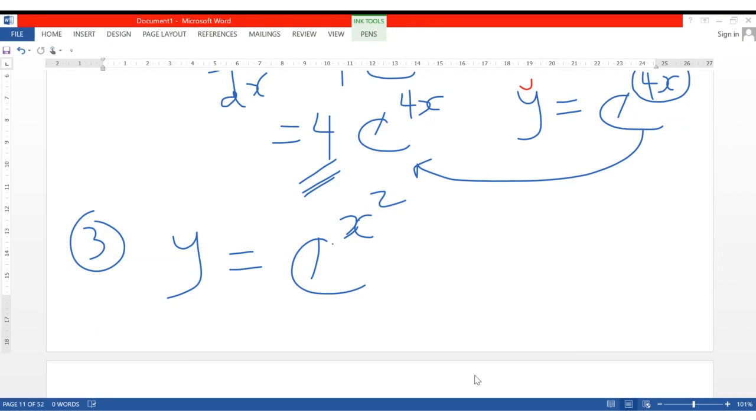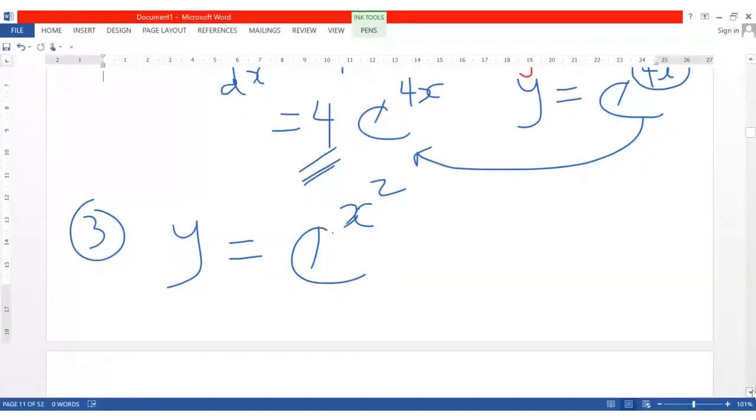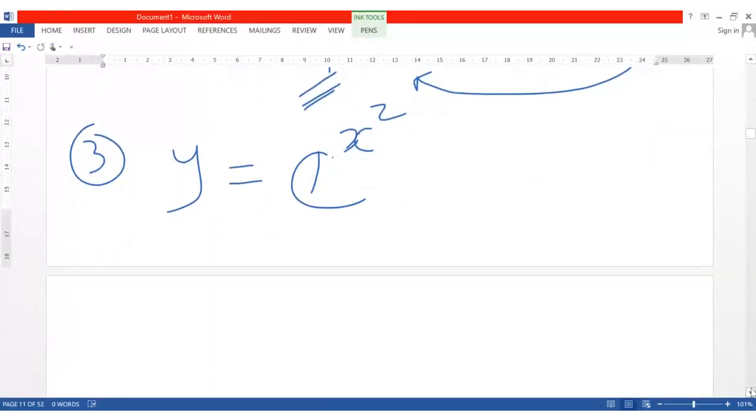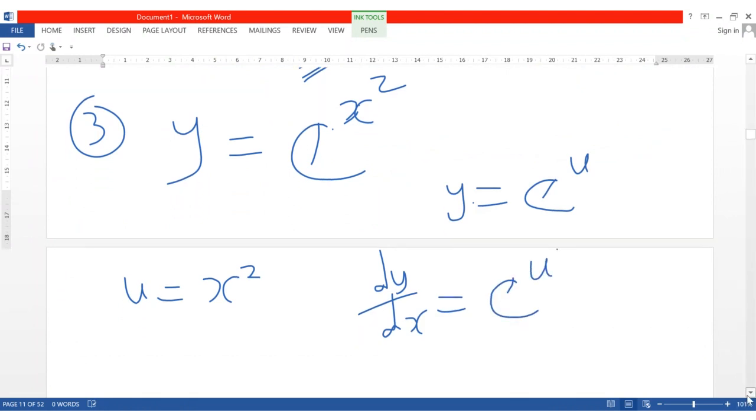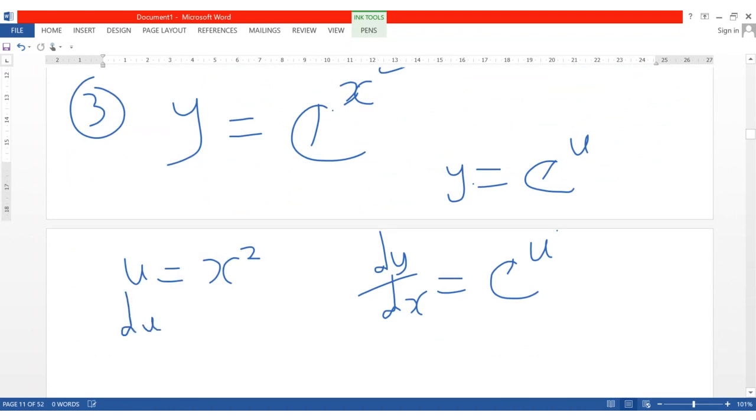So let's do this one quickly. So u is the power. So u is given by x squared. So y will be given by exponential u. So dy/dx will be given by still exponential u. Here du/dx, when we differentiate x squared, what do you get? du/dx will get 2x.